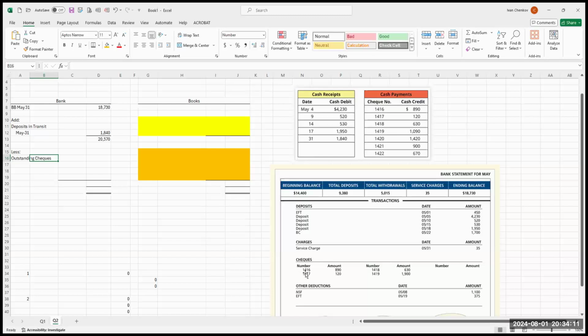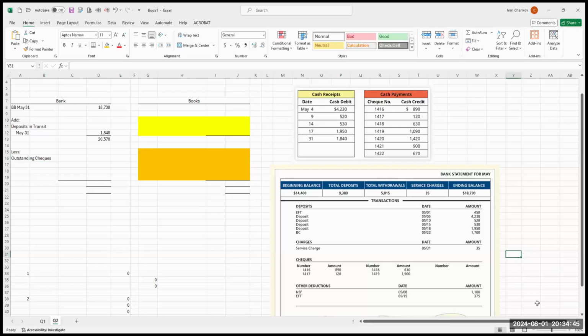First check which cleared in our bank was check 1416 for $890, which we have in our books with the same amount, so everything looks okay. Next check is check 1417 for $120, which we have in our books, so everything looks okay. Next is 1418 for $630, same check appears in our books, everything is okay. The next check is check 1419 for $1,900, which is different in our books.